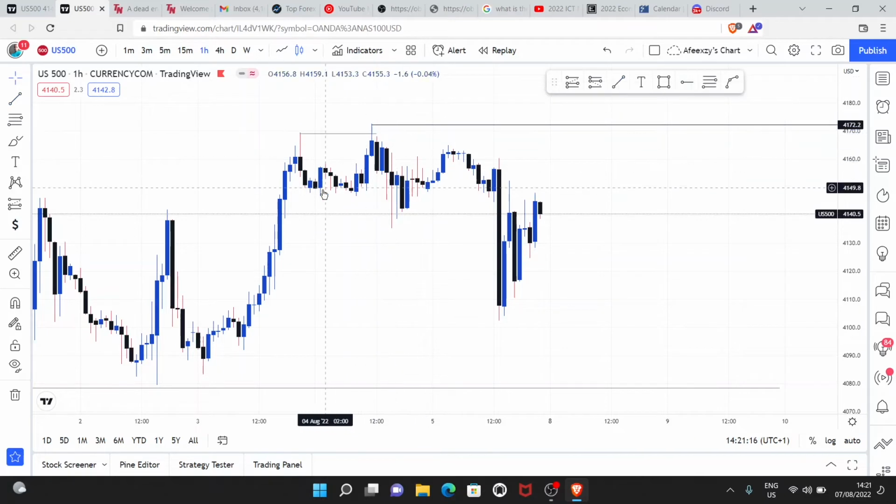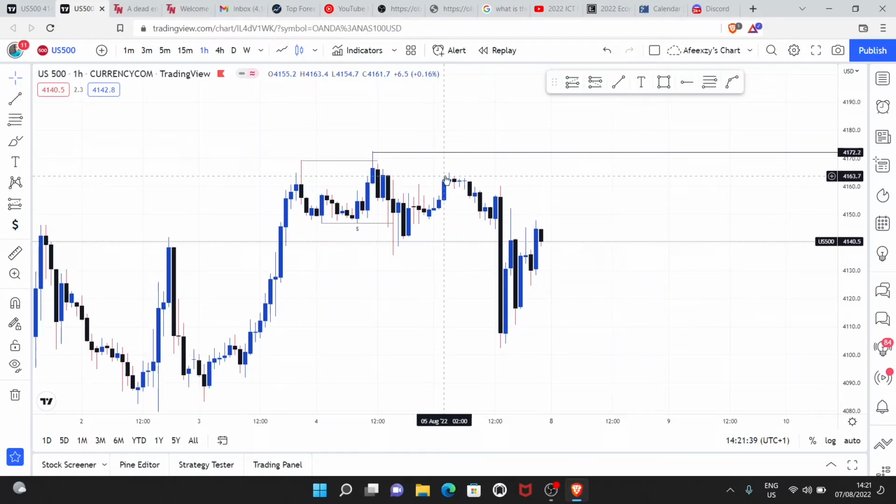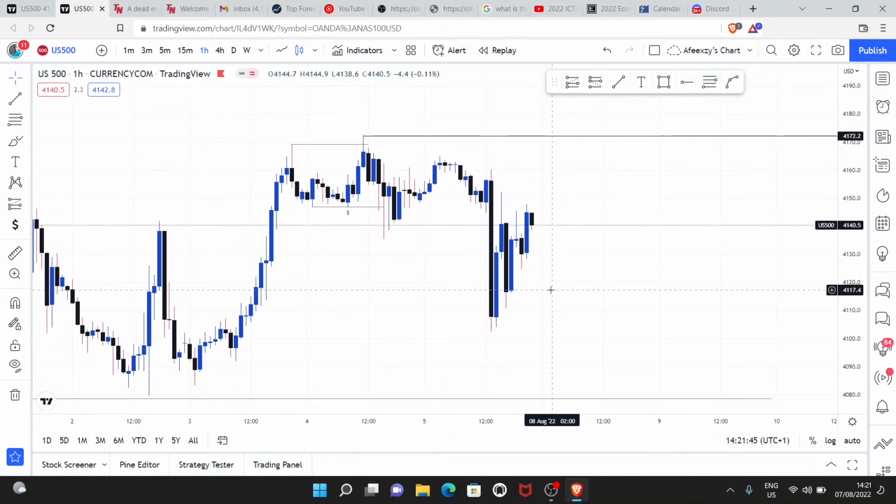That was last week. An equal low here, which was cleared, and a structure change happened immediately here. A pullback to more than 80%, let's say 80%, then a drop.